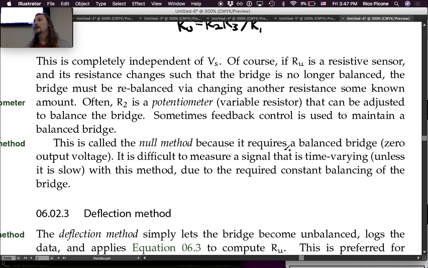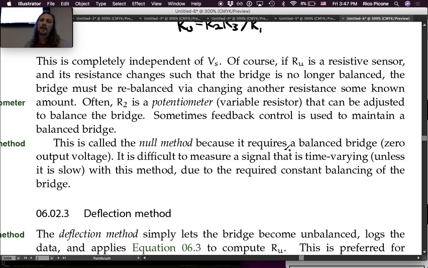So you can have a potentiometer that's essentially in a feedback loop that is always rebalancing the bridge. That would give you a way to make the measurement without having to manually adjust and balance the bridge yourself.